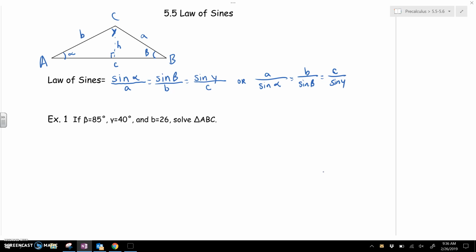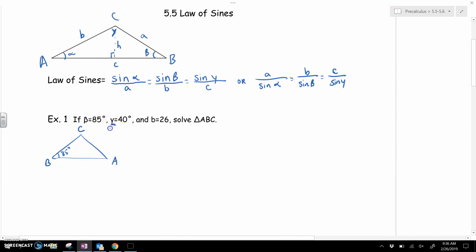So an example would look like this. If beta is 85 degrees, gamma is 40 degrees, and b is 26, solve for triangle ABC. So I start by drawing a picture, and again, labeling my triangle. In this case, I said triangle ABC. Again, it doesn't matter which one you called A, which one you called B, and which one you called C. Wherever angle B is, call that 85 degrees.